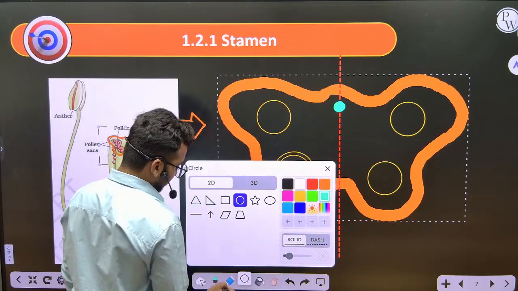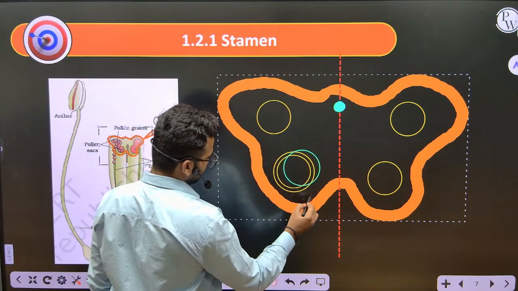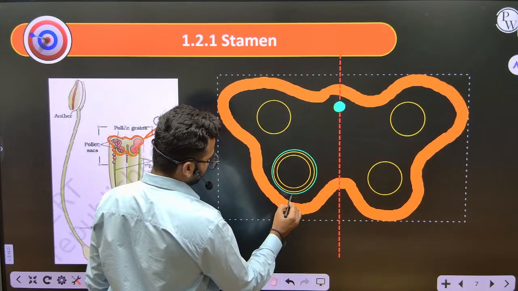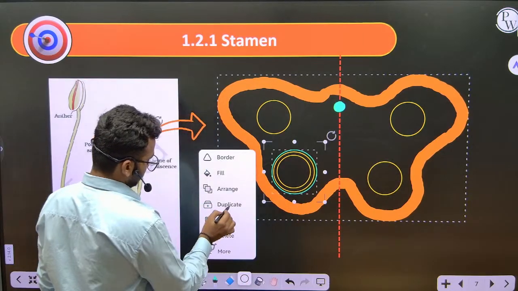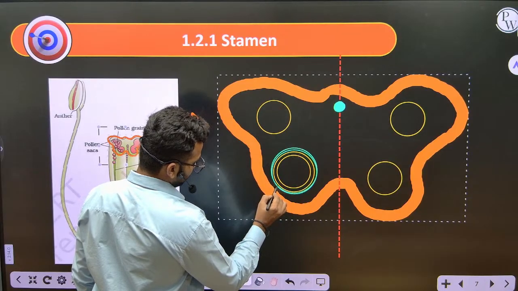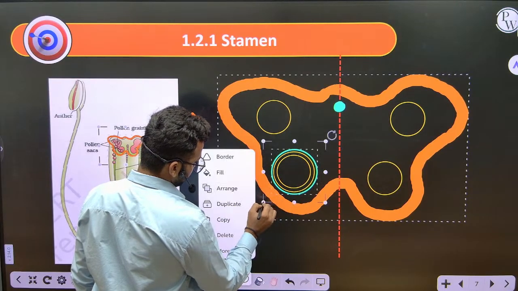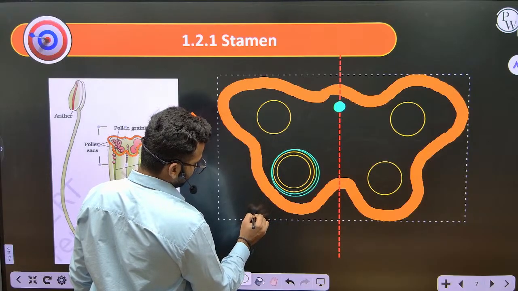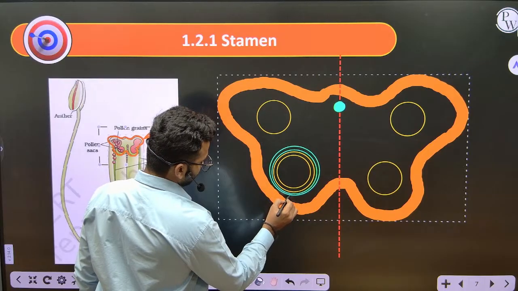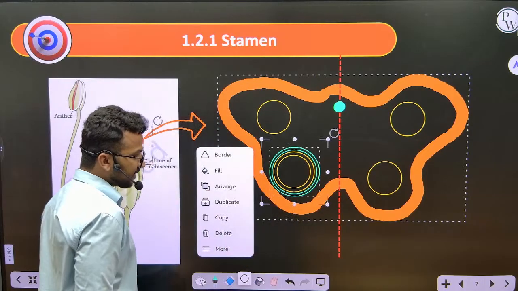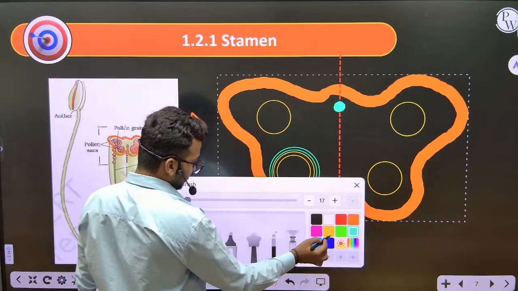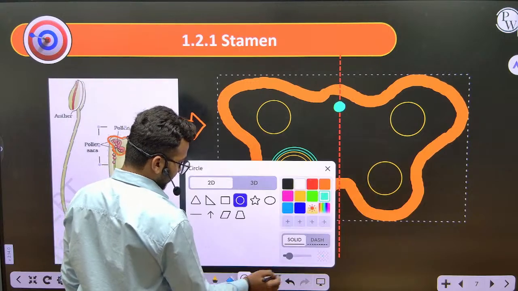So several layers are found, and we call these the middle layers. Several middle layers are found, and upon that we will see another layer that we call the endothecium.